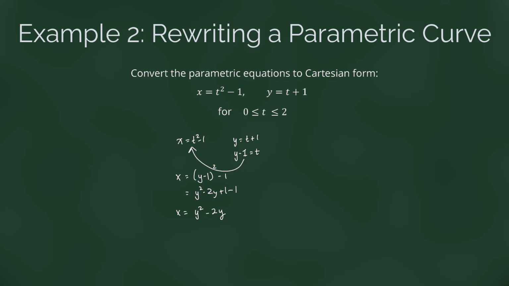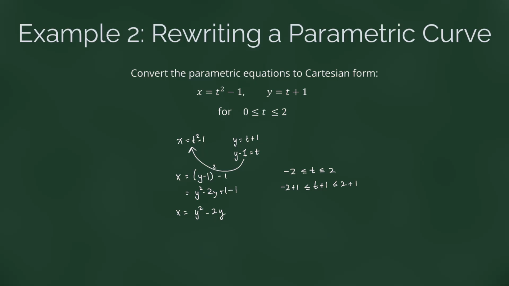We have to remember, though, that our original curve was only defined for values of t between -2 and 2, which means that we're going to need to restrict x or y in this case in order to not generate a larger section of the curve than we originally intended. But notice that given that -2 is less than or equal to t is less than or equal to 2, if we add 1 across here, we get -2 plus 1 is less than or equal to t plus 1 is less than or equal to 2 plus 1.